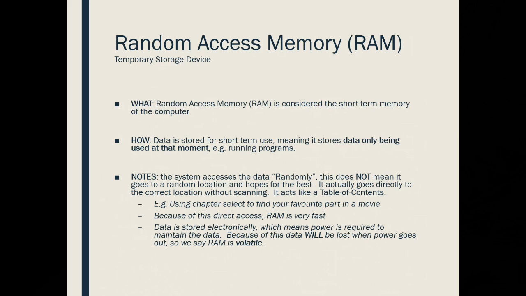It's meant to store data that is currently in use by the computer. Let's say for example you open up Word. The computer will go to the hard drive, grab all the files that are important to make Word run, and then copy them into the RAM. The reason it does this is because RAM is very, very fast, relatively speaking, compared to the hard drive. We'll get into why that is in just a second.